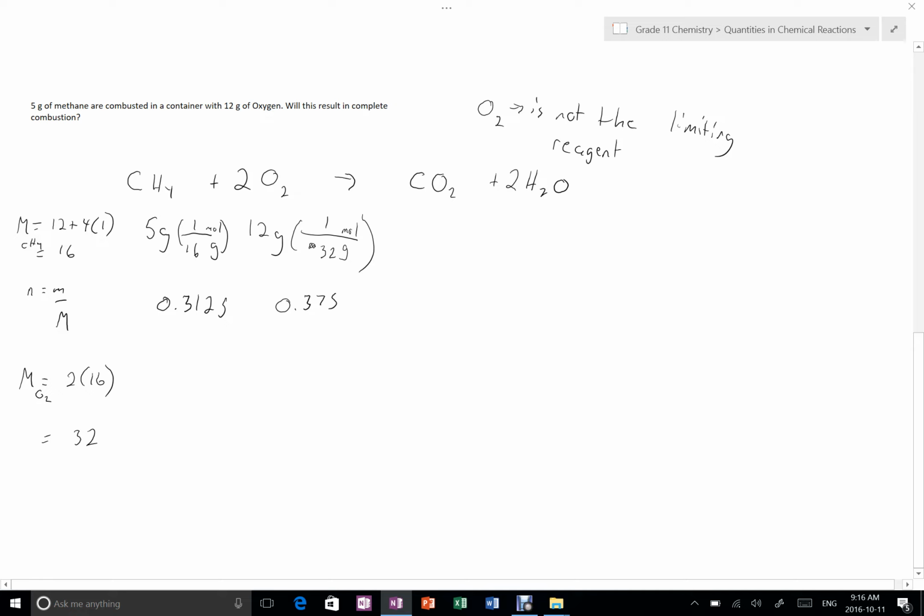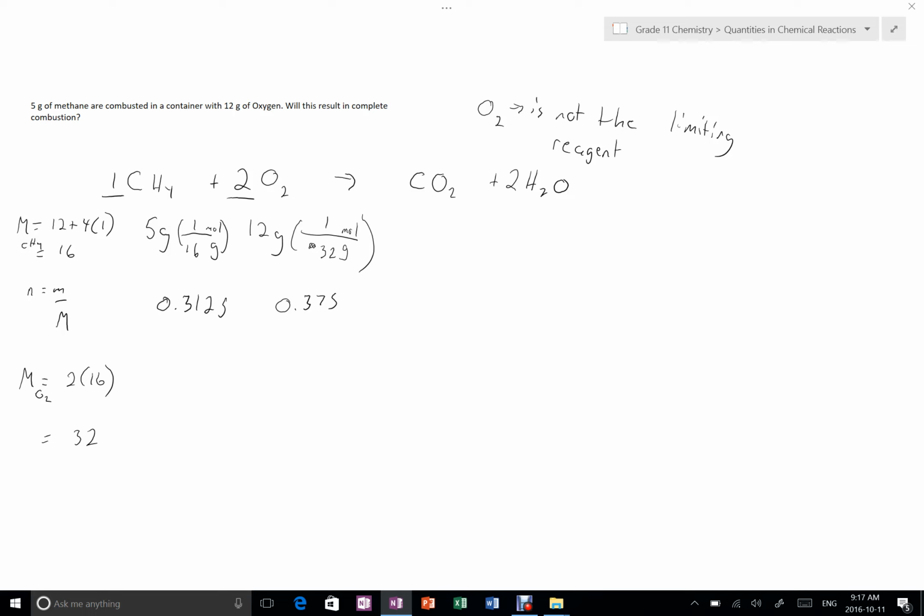Now, if I forgot about my mole ratio, I might look at this and say, oh good, complete combustion. That means I'm not making any carbon monoxide or soot. But if I take into account my mole ratio, I think it becomes fairly obvious that actually the oxygen is going to run out first.